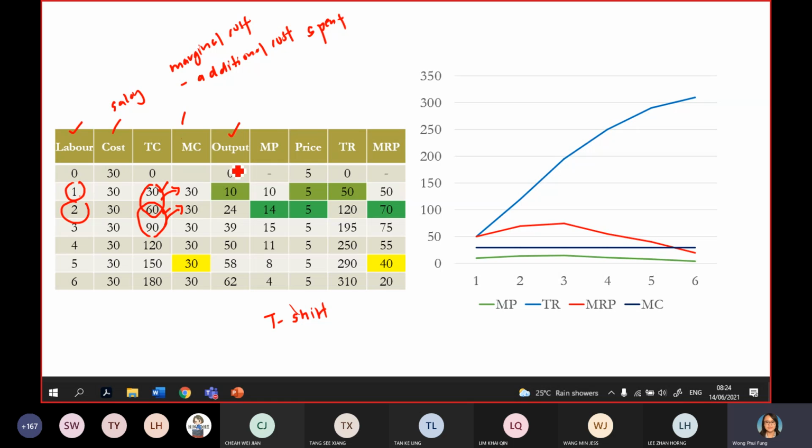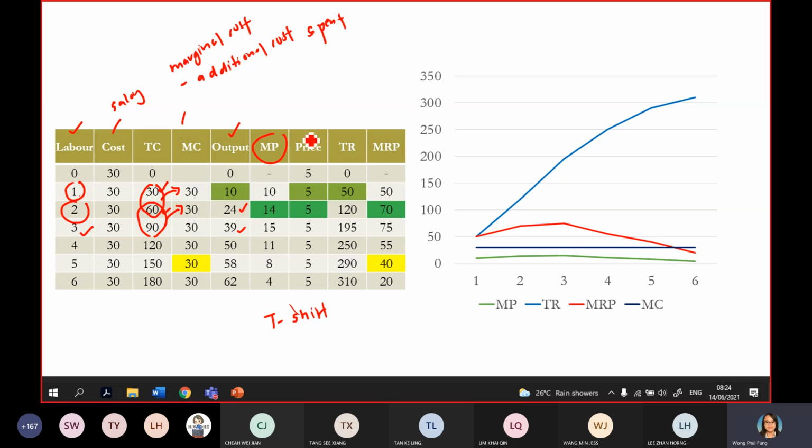Okay, output. Let's say one labor will produce 10 t-shirts here. Two is better than one. With two, they can allocate the task more efficiently. Labor 1, you do this, labor 2, you do that. So they cooperate. Then in that case, you can see two labor can produce 24 t-shirts. Three labor can produce an output of 39 t-shirts.